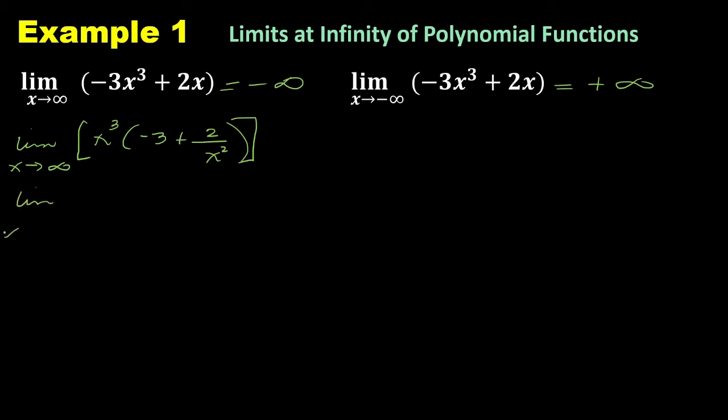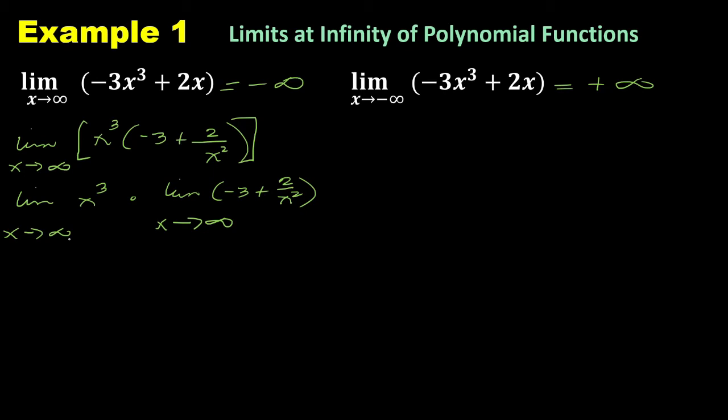And then applying the theorems, we have the limit of x cubed as x approaches infinity times the limit of negative 3 plus 2 over x squared as x approaches infinity.